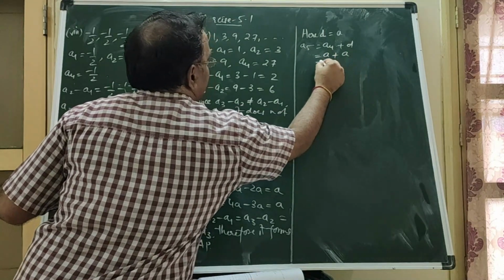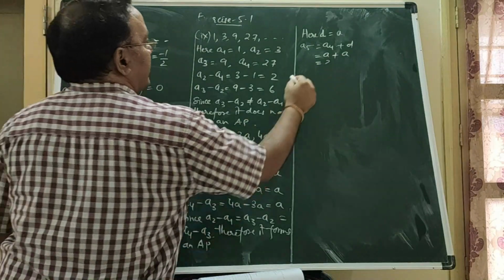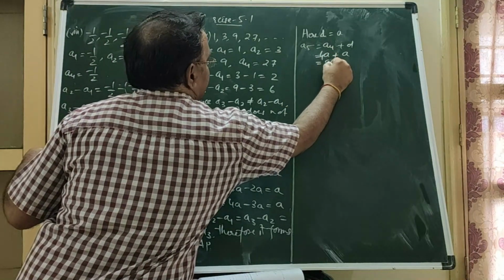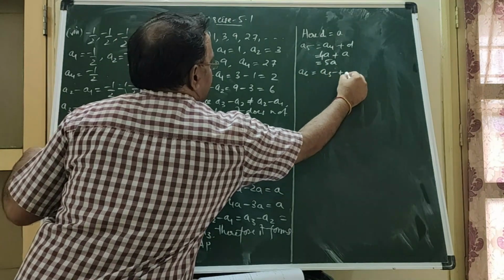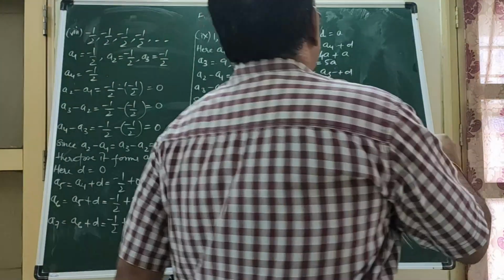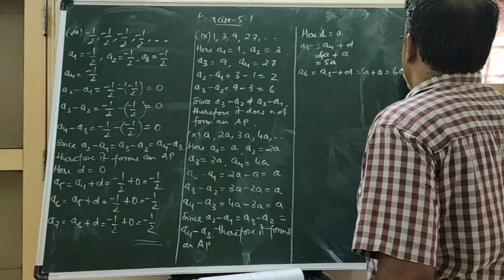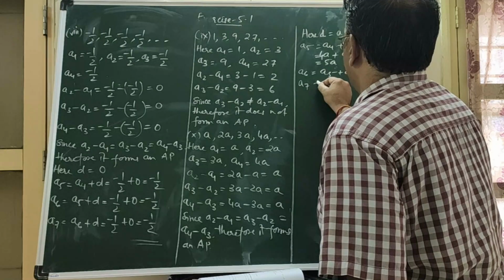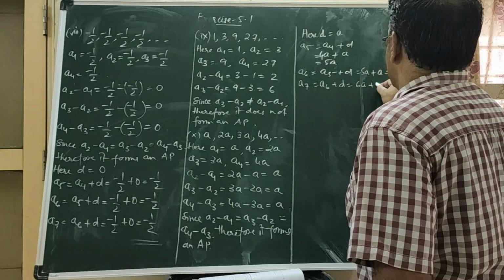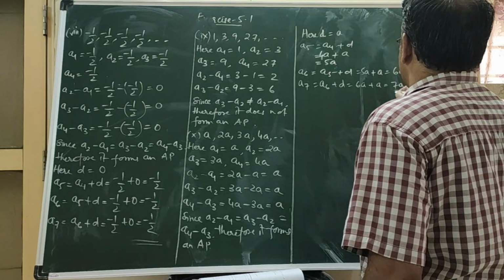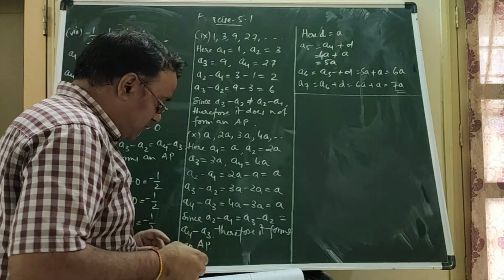And D is A. So we get 5A. Then A6, A5 plus D, that is 5A plus A is equal to 6A. And A7 is A6 plus D, that is 6A plus A is equal to 7A. Okay, so the 10th bit is also done.